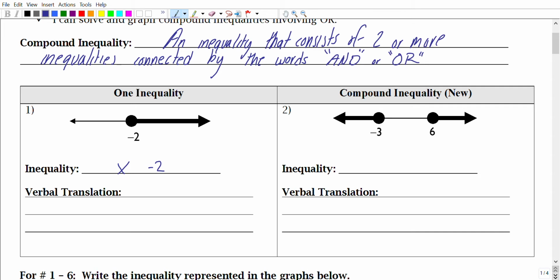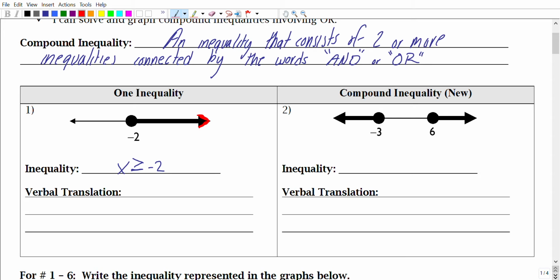Right off the bat, I can see that it's a closed circle, so I know I'm going to have some sort of equal to. Now because it's being shaded to the right, I know I can do a greater than symbol. If you remember, I always use these little arrows over here. See how I just trace the outline of that arrow and it looks like a greater than symbol. So that's one way of doing it.